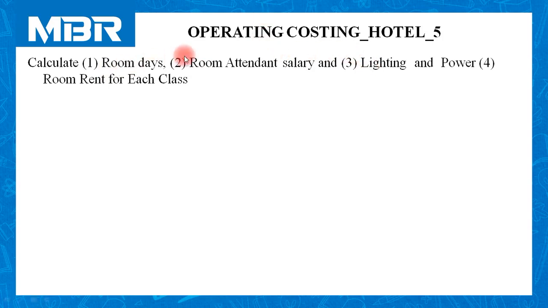If you calculate all these 4 items very clearly, all other items are given in our question in ready-made format. But we need to calculate these 4 items. You cannot say that this is a full length question, but it includes all calculative aspects of hotel costing.